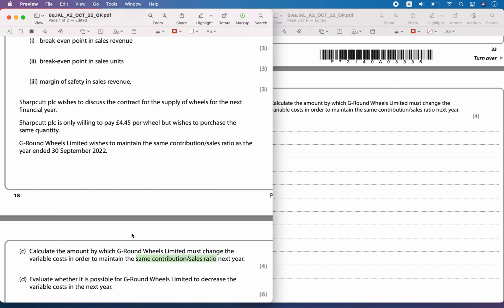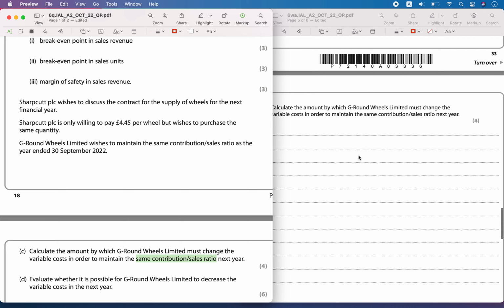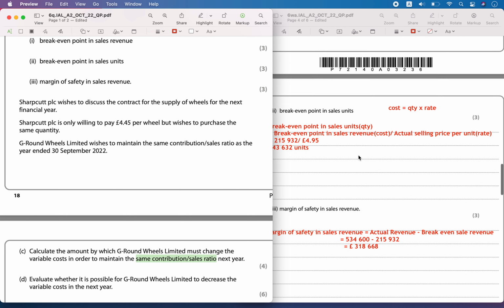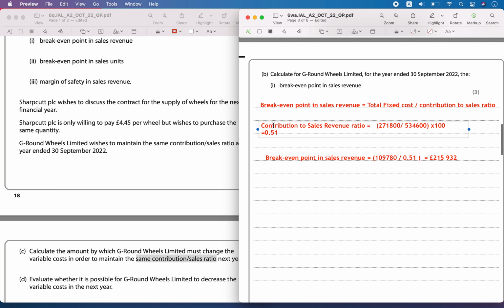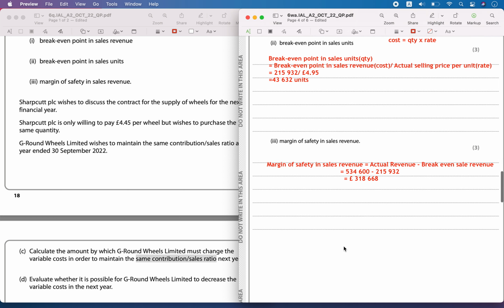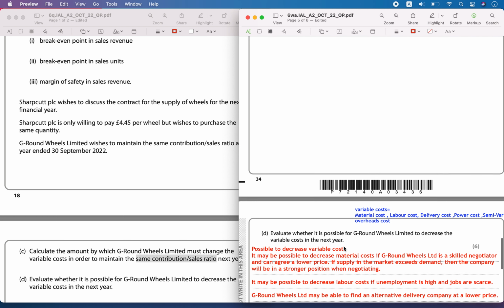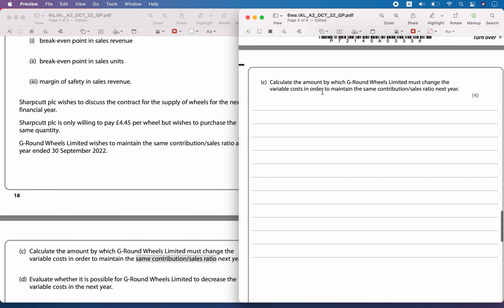So the first step is to calculate the present contribution to sales ratio, which we had calculated in the first part. This is the current year's contribution to sales ratio.